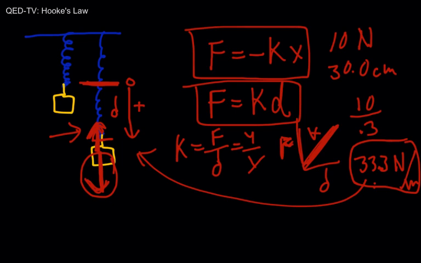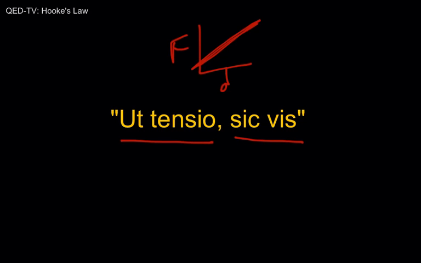The force is proportional to the stretch, or as Hooke said it, ut tensio, sic vis: as the extension, so the force. So if I have force versus my displacement, it's going to increase at a constant rate. So, Hooke's law. Hope you understand it.